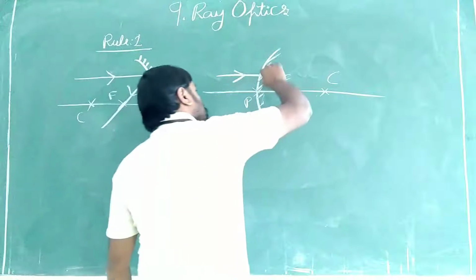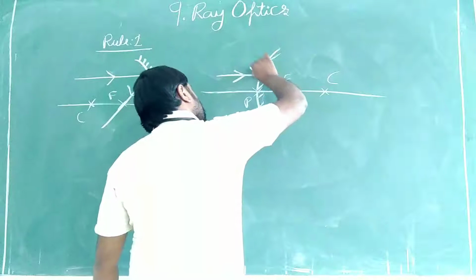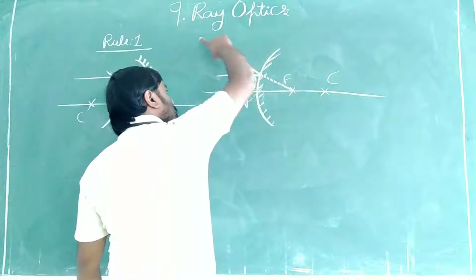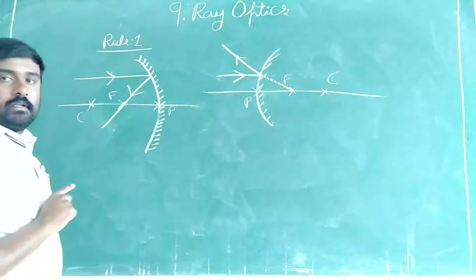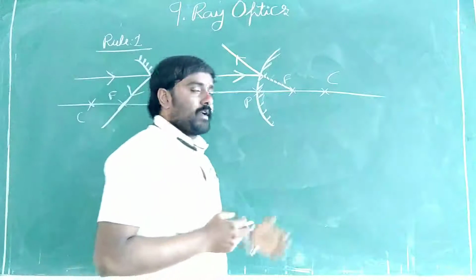So after reflection, the ray appears to diverge from the principal focus. So this is rule number 1 in case of concave and convex.